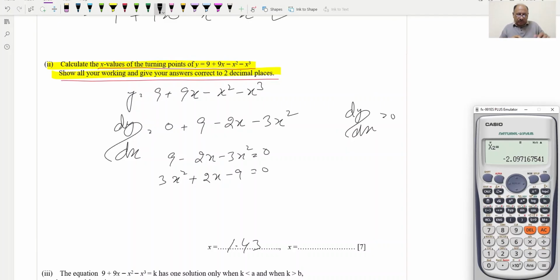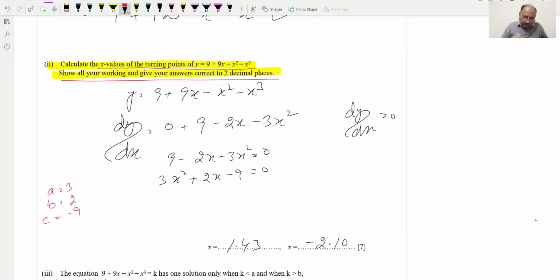Now we have to show working also, so we can take the ABC values. A is equal to 3, B is equal to 2, and C is equal to minus 9, and we can show x is equal to minus b plus or minus the square root of b squared minus 4ac, over 2a.